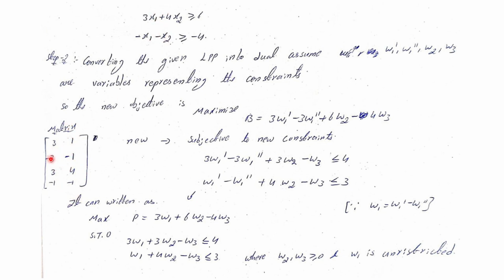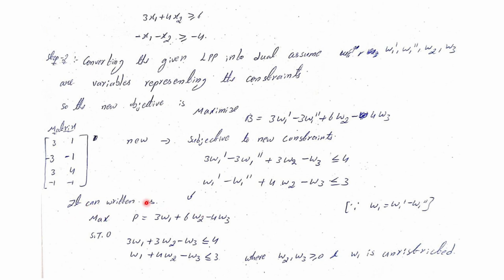Here the matrix form is 3 1, minus 3 minus 1, 3 4, minus 1 and minus 1. With this matrix transformation, we get the new constraints: 3w1 dash minus 3w1 double dash plus 3w2 minus w3, and the second constraint is w1 dash minus w1 double dash plus 4w2 minus w3 is less than or equal to 3.